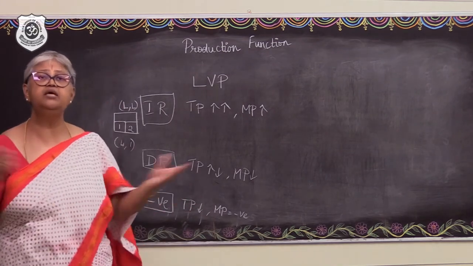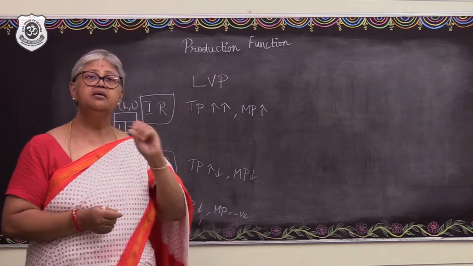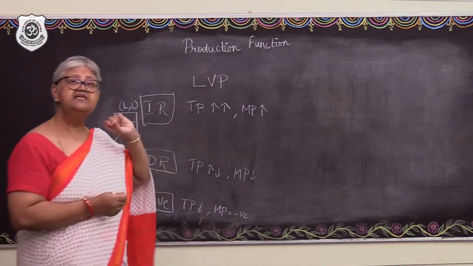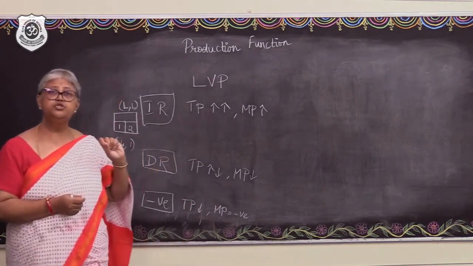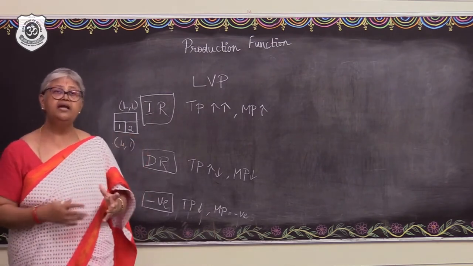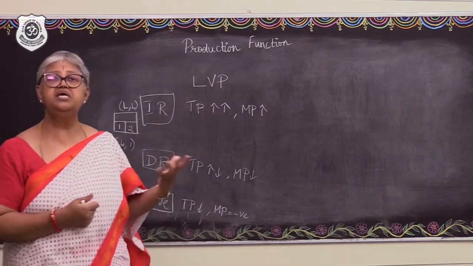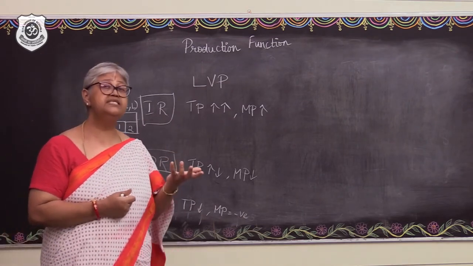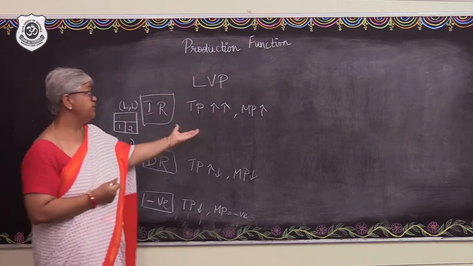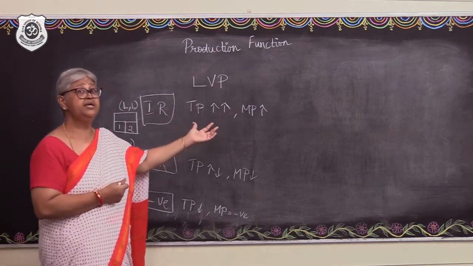Because there is going to be better coordination of these two factors with a fixed factor. The two laborers are going to combine, coordinate and work with better efficiency, and together they will be able to contribute much more towards the total product. So the total product will increase, and that will increase at an increasing rate.